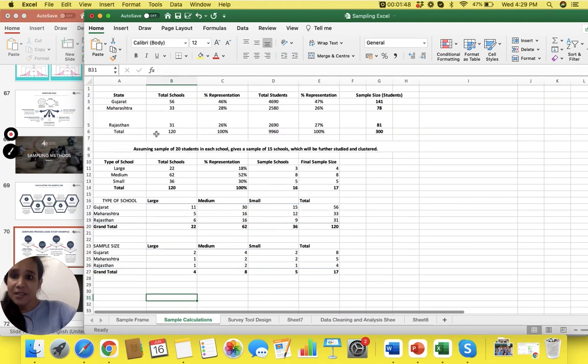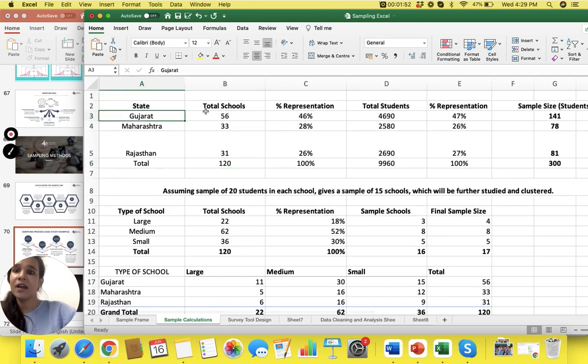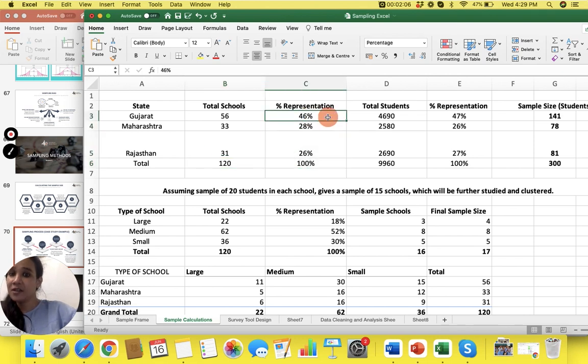The first thing that we attempted to do was to look at the total schools in each state. So we had 56 schools in Gujarat, 33 and 31 schools, amounting to a total of 120. If we look at the representation, around 46% of the schools are from Gujarat, followed by Maharashtra and Rajasthan.